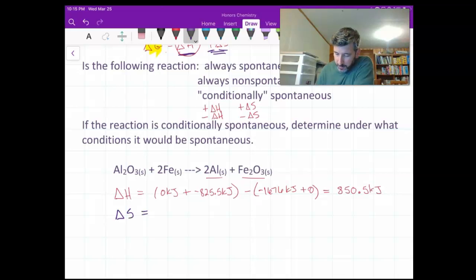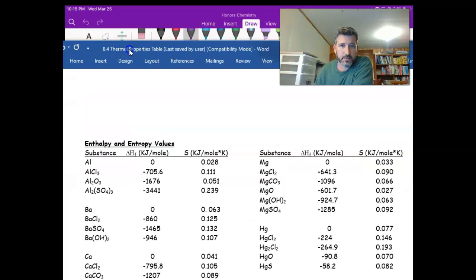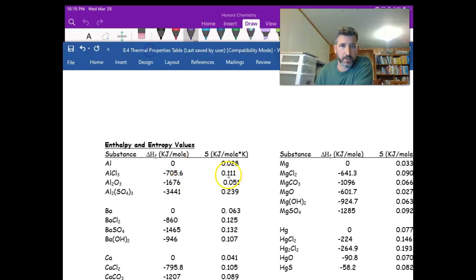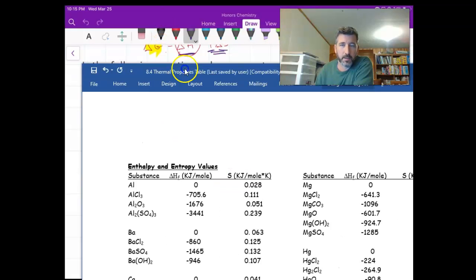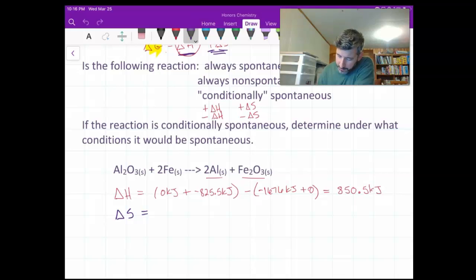So for the entropy, we're going to again start with our products, aluminum, and aluminum has a relatively small entropy value of 0.028, but we are going to have to multiply that by 2. So 2 times 0.028 kilojoules, and we're multiplying by 2 because of the coefficient.